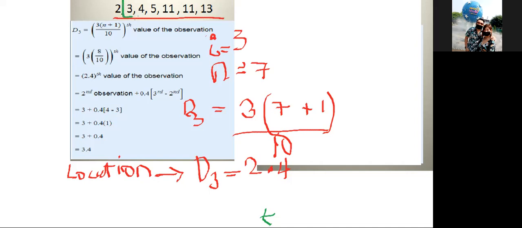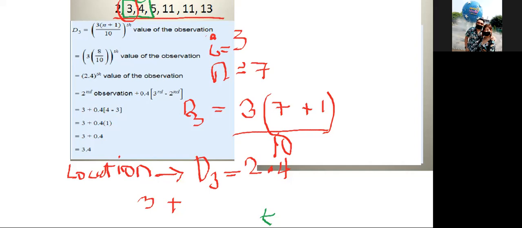They are 3 and 4. So what should we do? It's already at 2 and past 2, so we take the second data, which is the number 3, plus the difference between these two.